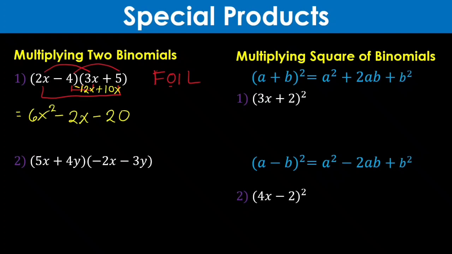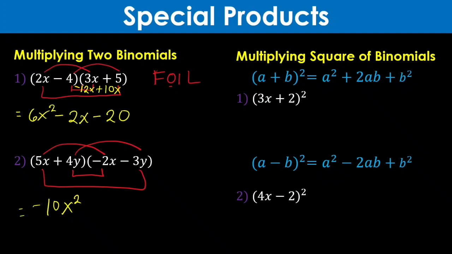And let's go to the second one. It's the same idea. We multiply the first terms, and then the inner terms, the outer terms, add them together, and then the last terms. Okay, multiply the first terms, 5x times negative 2x, that's negative 10x squared.